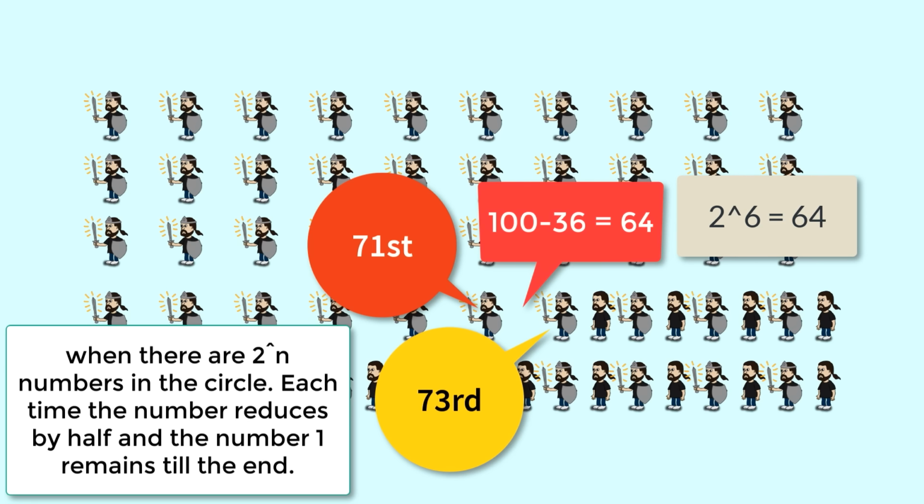So understand this more logically. The logic is to try to reduce the total number of people to a number that is a power of 2. In this case, we are reducing the number to 64, since 64 is a power of 2, that is 2 to the power of 6, which yields 64.